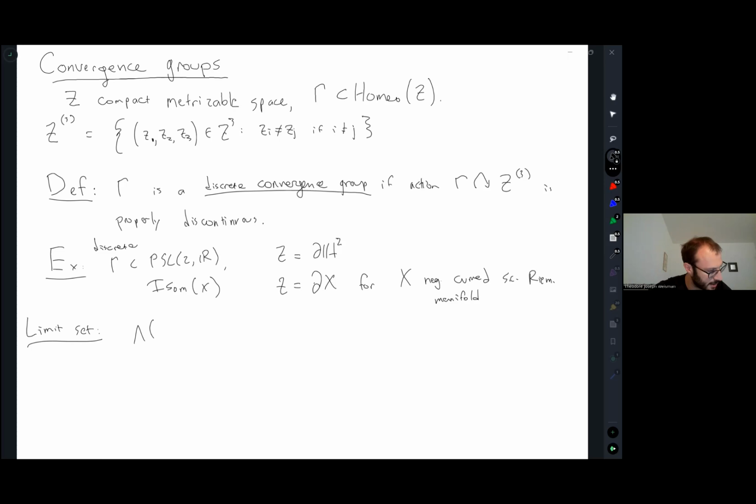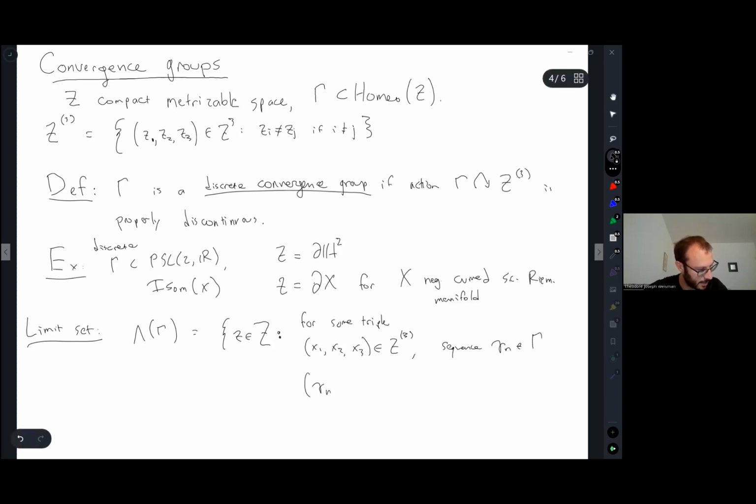So you can actually define the limit set of any discrete convergence group to be the set of points z in your compact metrizable space Z, such that you can find some triple x1, x2, x3 in the space of distinct triples, and some sequence gamma n in gamma, so that the sequence of triples gamma n x1, gamma n x2, gamma n x3 actually converges to some triple where 2 points are the same, equal to this point z.